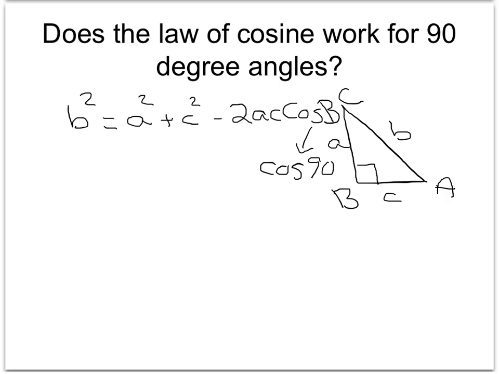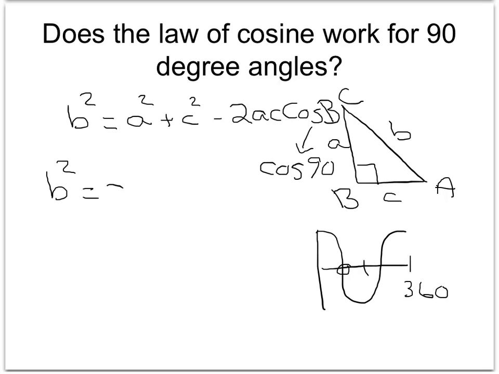So remember our graph. Now we're in degree mode instead of radian mode, but it works the same way. This is a full circle, 360. So here we have 180. Here's my 90. Cosine of 90 is 0. So in my formula, I can replace cosine of b with 0.